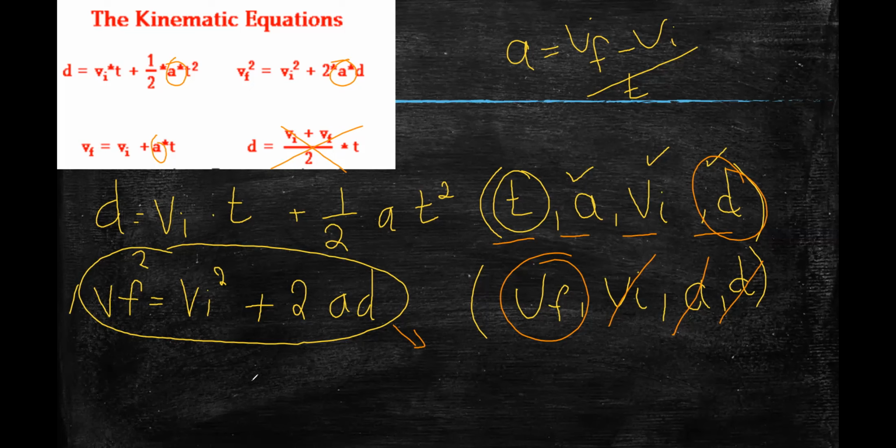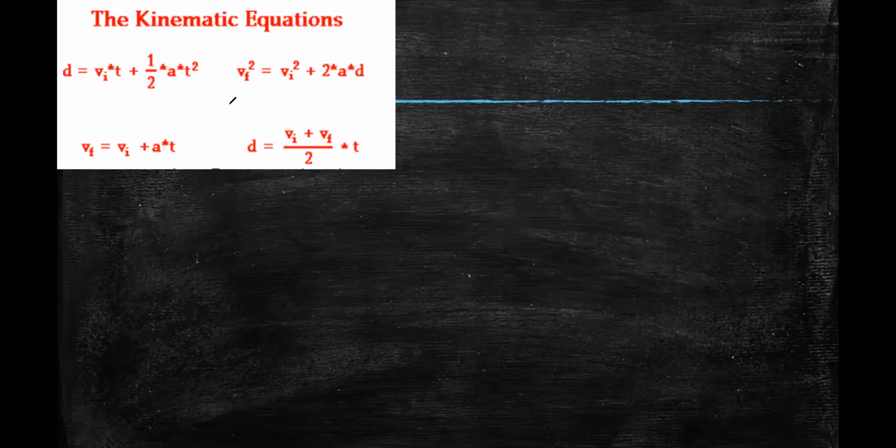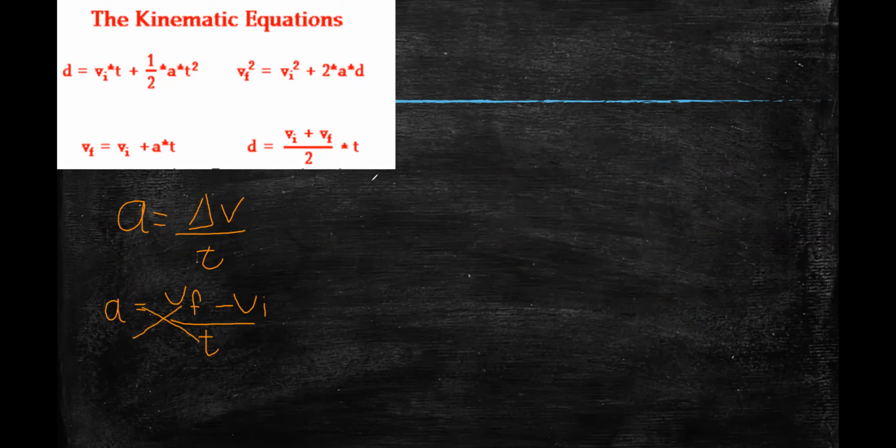Let's talk now about the third one. In the third one, all of us know that the acceleration is change in v over t. So I can say now A is v final minus v initial over t. If you multiply both sides by t, what will you get?